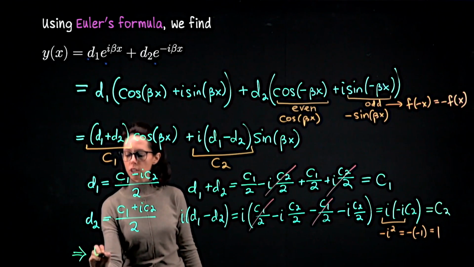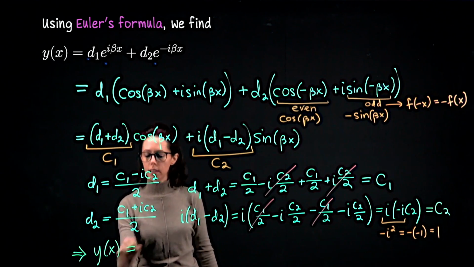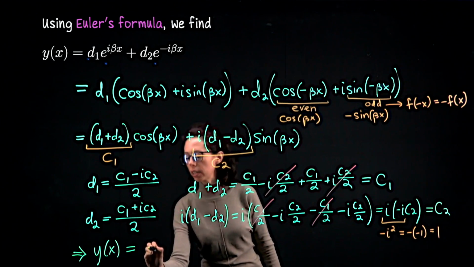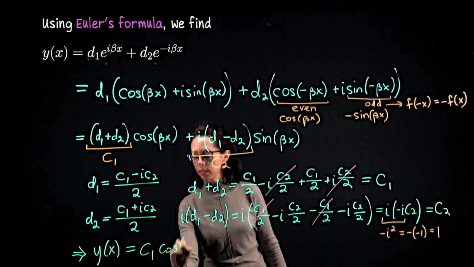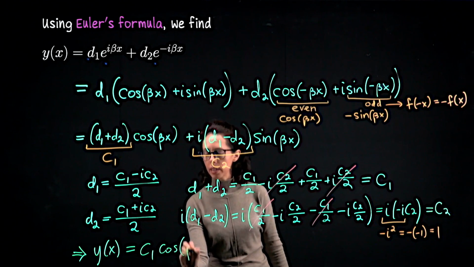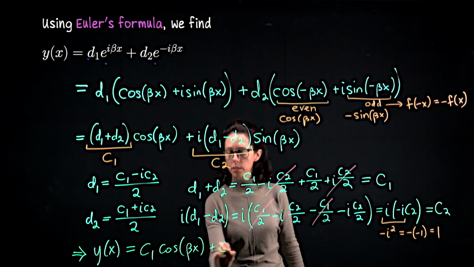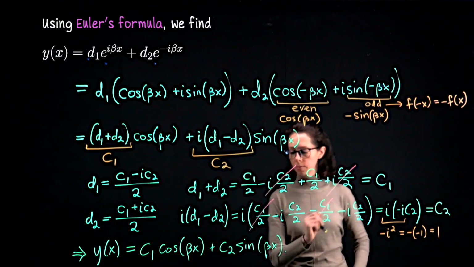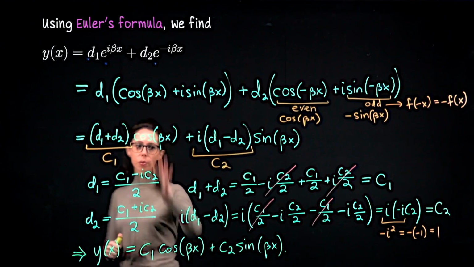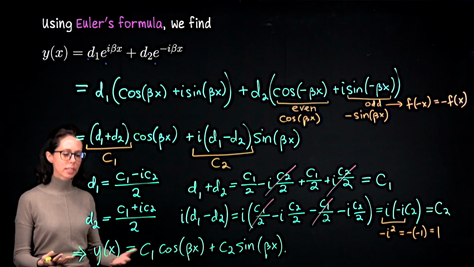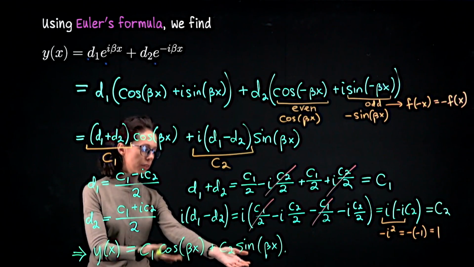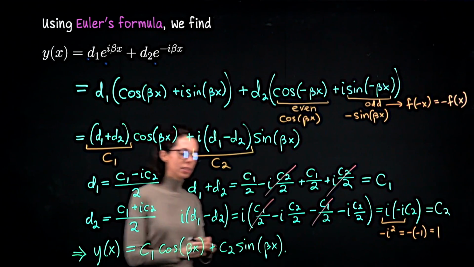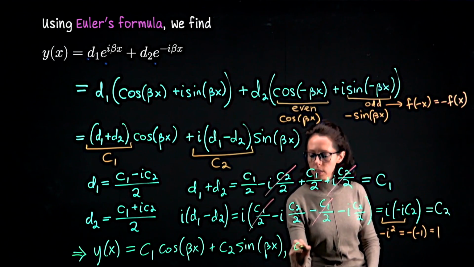We can now say that the general solution can be written as a linear combination of cosine and sine, where it looks like just a real number c1 times cosine of beta x plus a real number c2 times sine of beta x. Okay, so through all this work here, we just did the algebra to get to this linear combination of cosine and sine, where here c1 and c2 are real numbers.